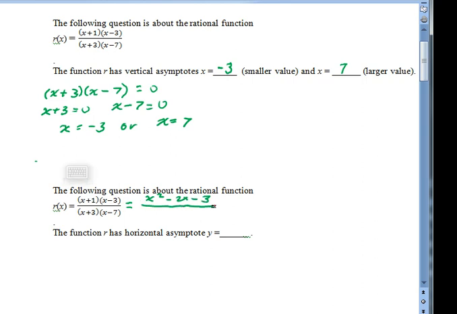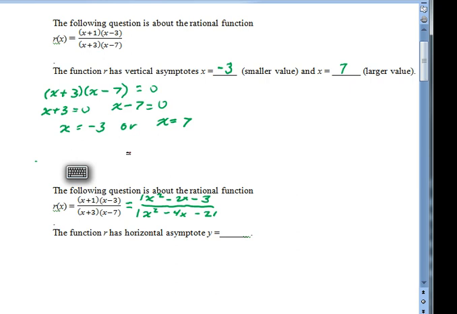The numerator becomes x squared minus 2x minus 3. The denominator is x squared minus 4x minus 21. So they have the same degree, and the leading coefficient in each case is 1.